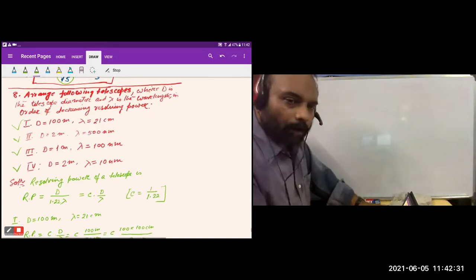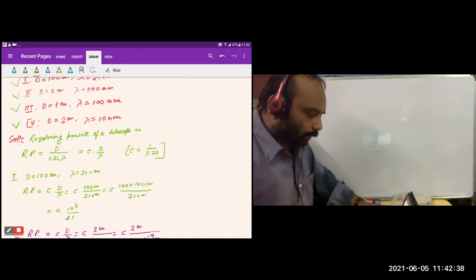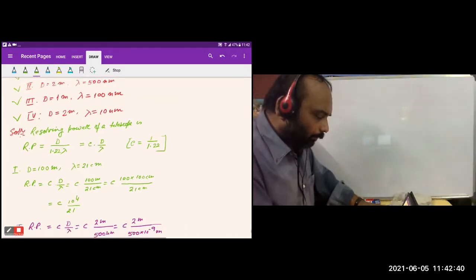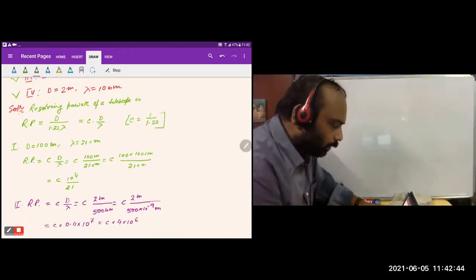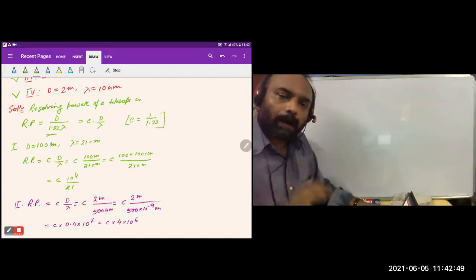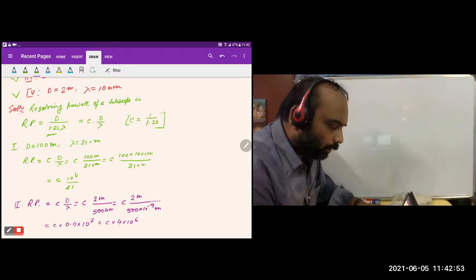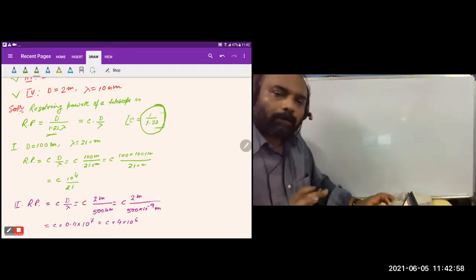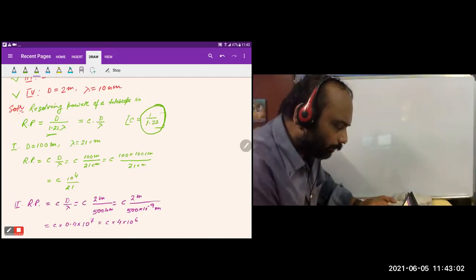What is the resolving power of a telescope? RP is equal to 1 by 1.22 times D by lambda. So I considered 1 by 1.22 as a fixed value or constant, which is C.